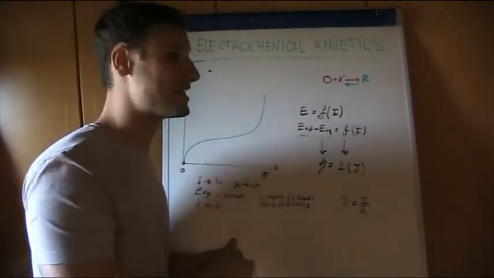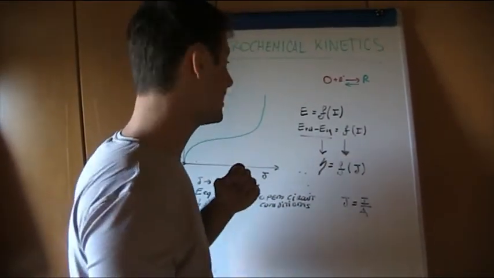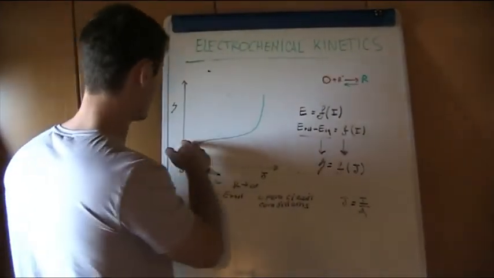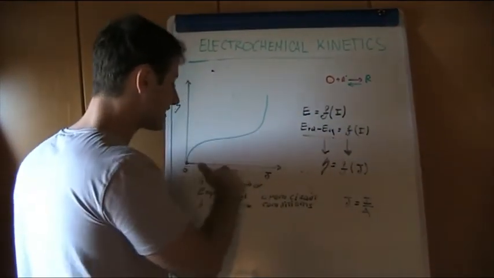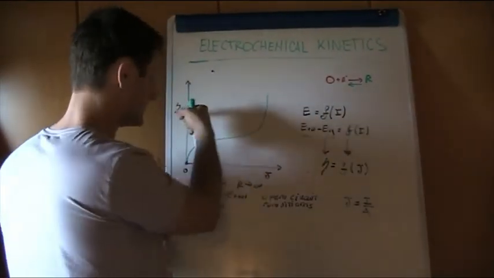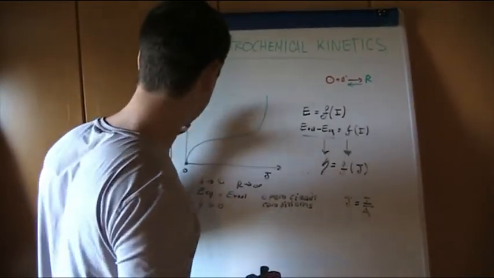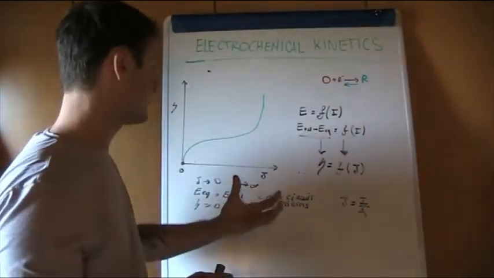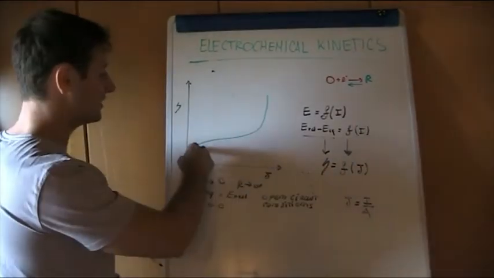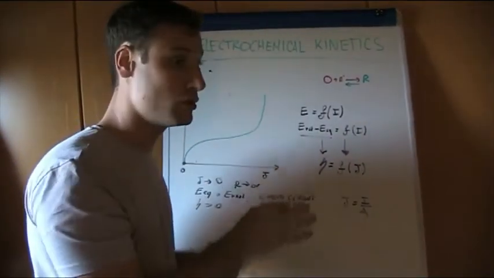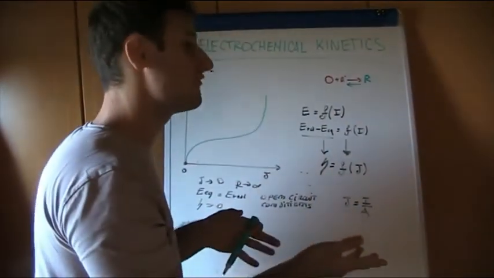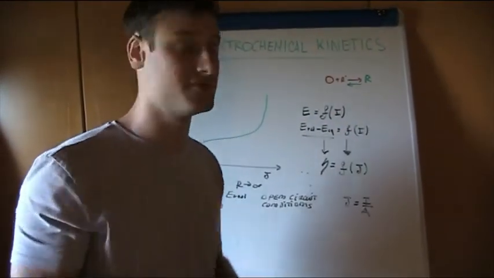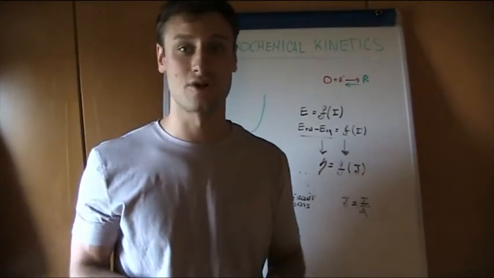We can appreciate something like this because we know that for each single overtension we have a specific current, and increasing the current we have a specific overtension, a specific moving away from the ideal, but this moving away always has this specific shape. Obviously it could be a little bit different depending on the nature of the species involved and the nature of the electrode.